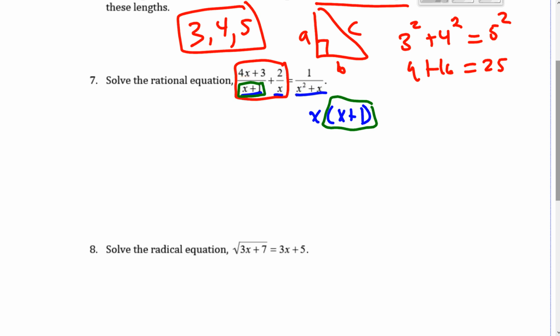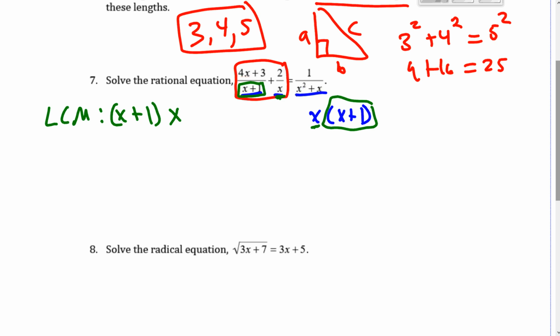So my least common multiple, or greatest common denominator, whatever you want to say, is x plus 1. There's one of them, okay? And then they both have this x, so I don't need to repeat that. So there's my least common multiple, or greatest common factor, or greatest common denominator.